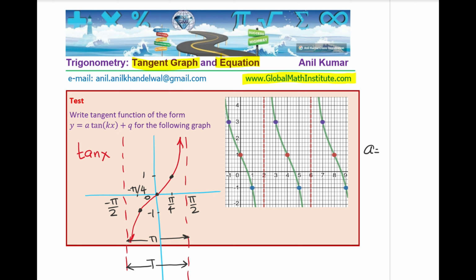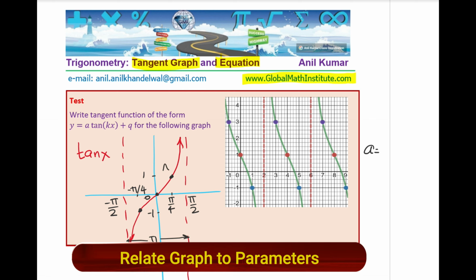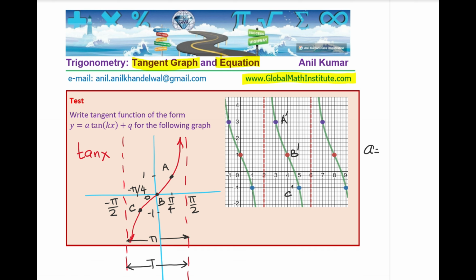So we can actually name these points. Let me name them as points A, B, and C. Accordingly, we will have the points A dash, B dash, and C dash on the transformed graph. So what you notice here is that the value of a is actually the distance between A dash and B dash.